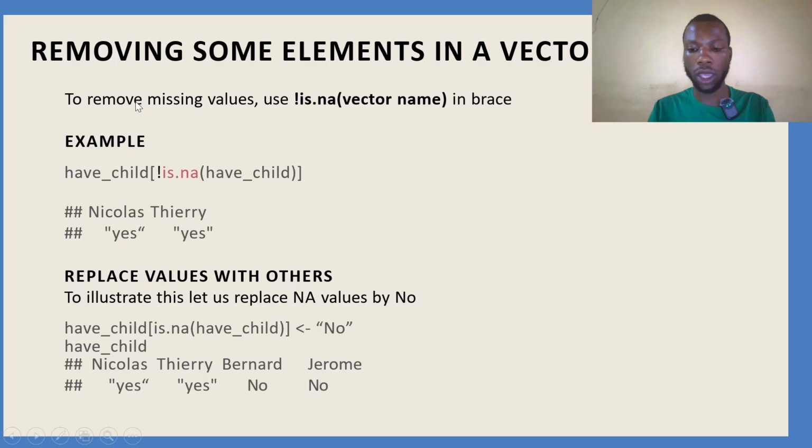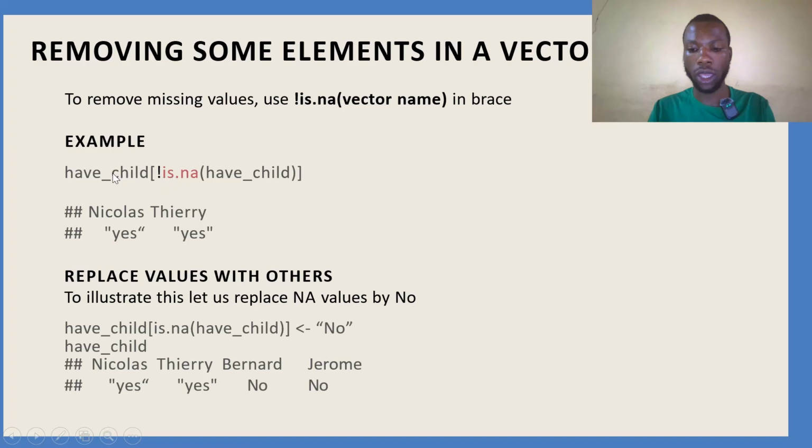To remove the missing value in a vector, before we see how we remove it, we have seen that to check the missing value, we use is.na. When we add the exclamation sign, it tells R to go and remove that missing value.